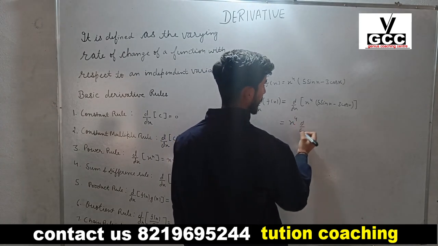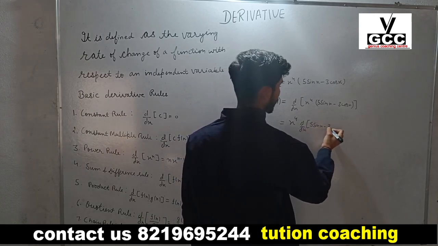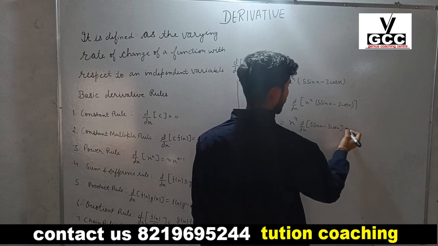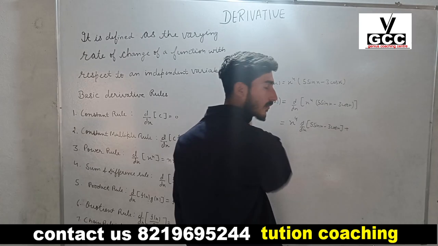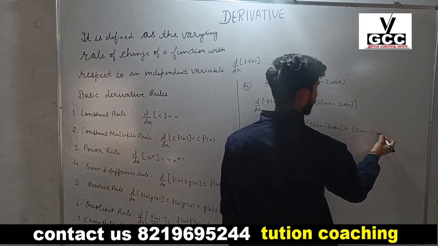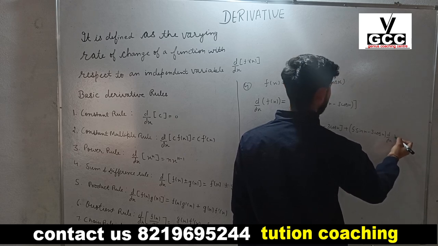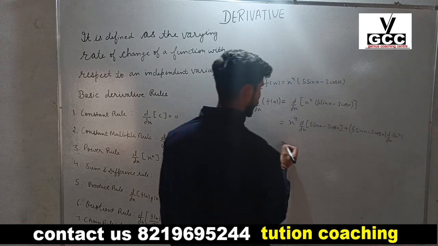The product rule says: derivative of first function as it is, derivative of second function, then second function as it is, derivative of first function.